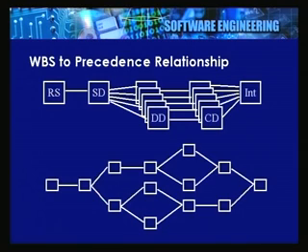If you look at your screen, you will see that we have a work breakdown structure which needs to be converted into a precedence relationship for all the activities. This process is the activity sequencing sub process.